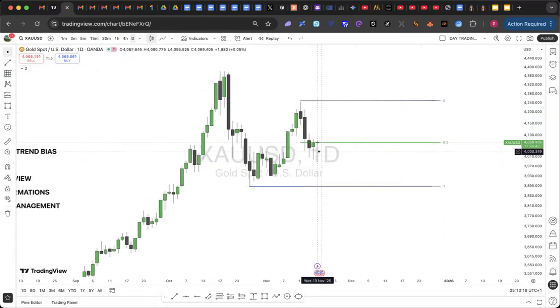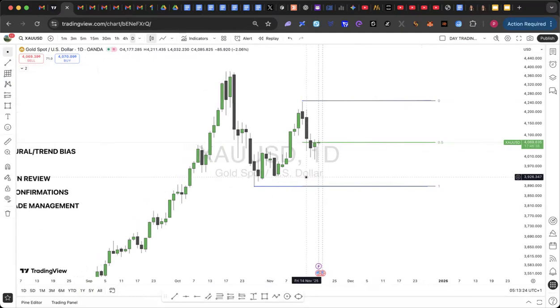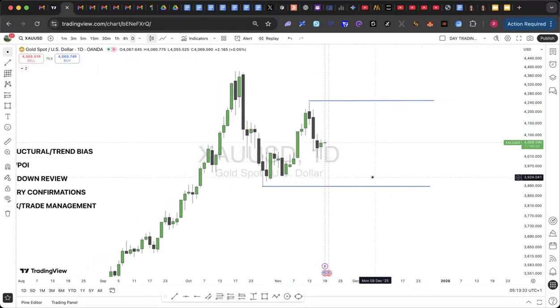So that means I'm supposed to be seeing more buying opportunity, all things being equal. Yes, supposed to be seeing buying opportunity, all things being equal. But let's look at it. Now, we're looking at this market as an uptrend. Why? Okay, fine. This is a low, right? And then this is a high.